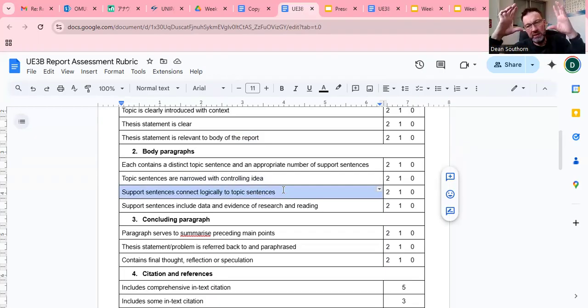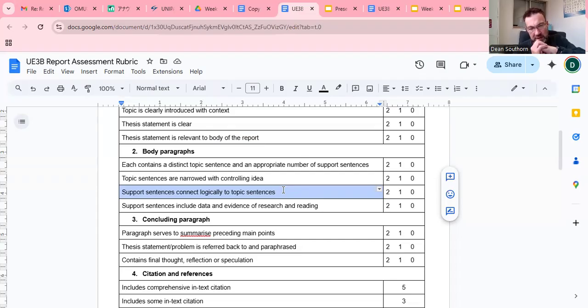Think of the topic sentence as a heavy object that needs supporting by pillars. And those pillars are your support sentences. They can take many forms. They can be examples, or details, or narratives. There can be stages in a process if you're explaining how something is done or how something was done.